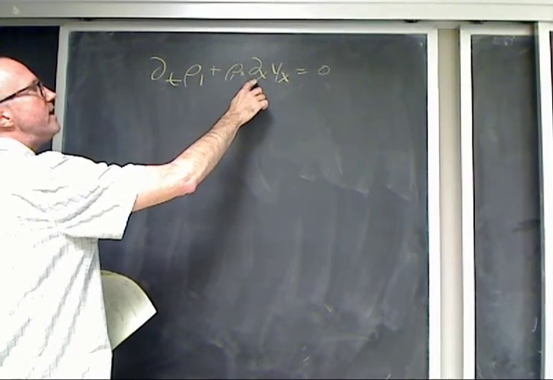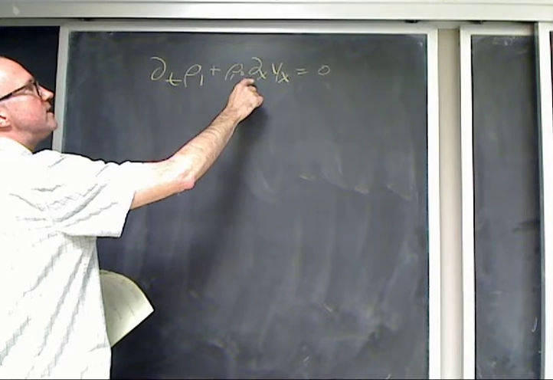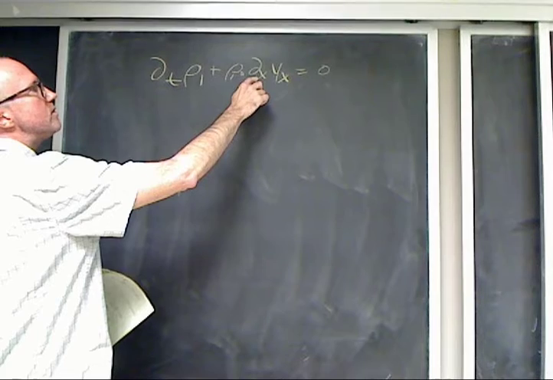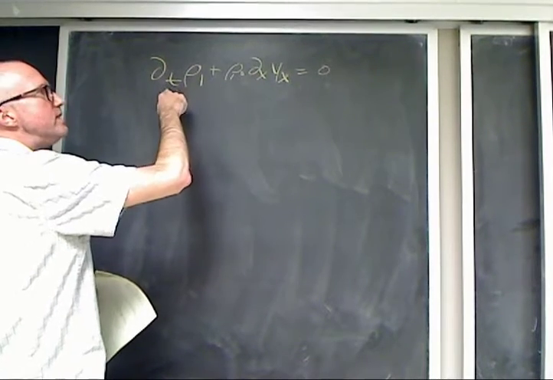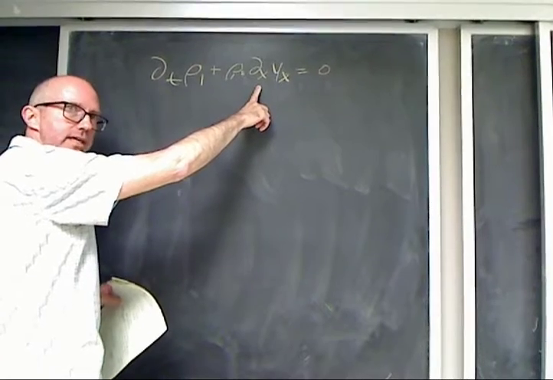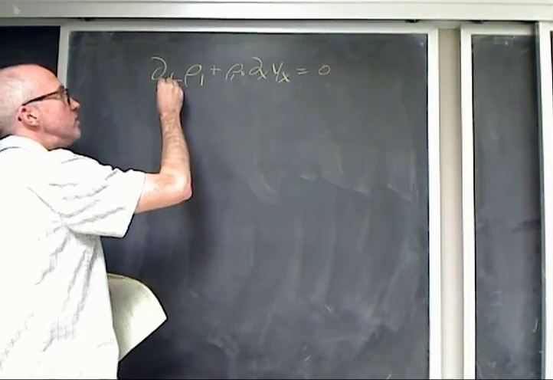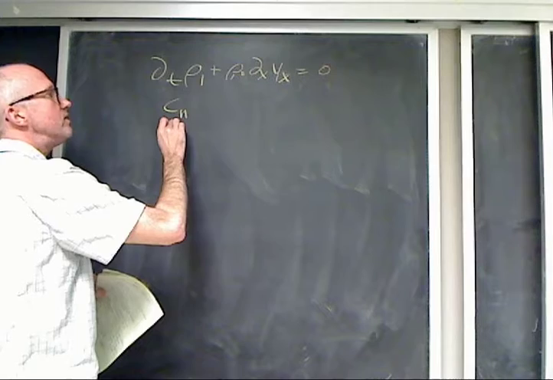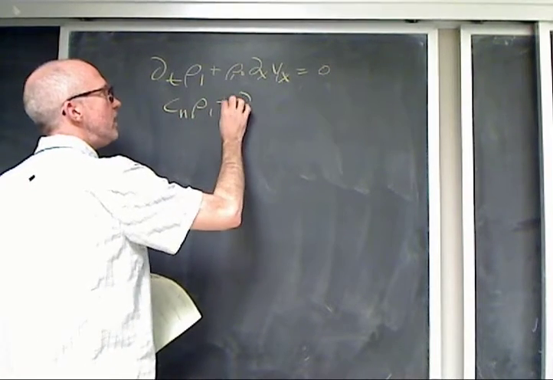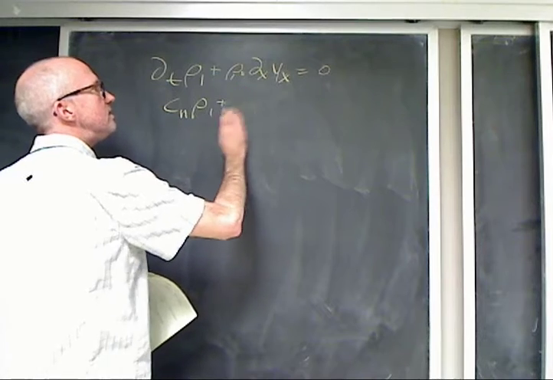And then this is 1 over dt and this is 1 over dx. So I'm going to multiply through by delta x, and then this turns into a sound speed. So this is a speed times rho 1 plus rho naught, the d by dx goes away.